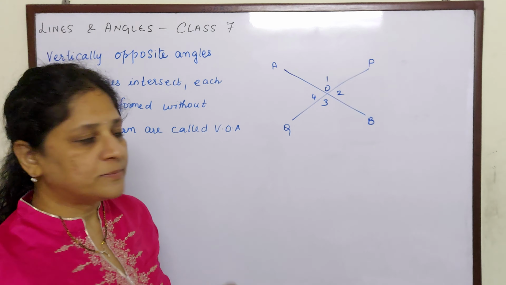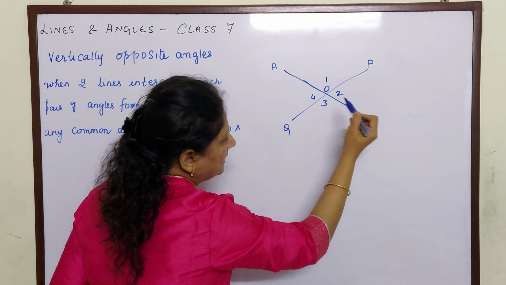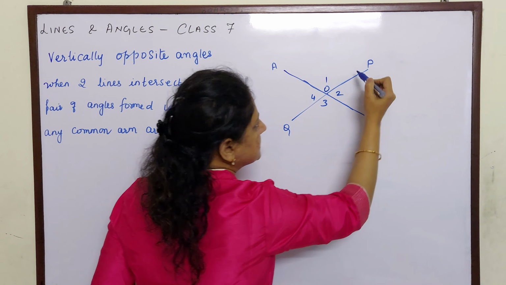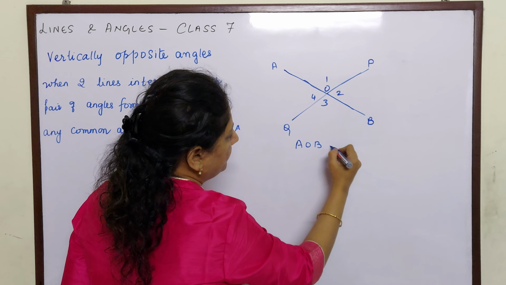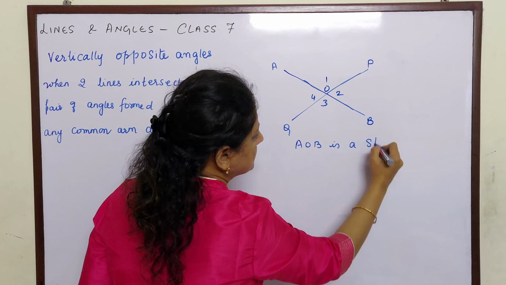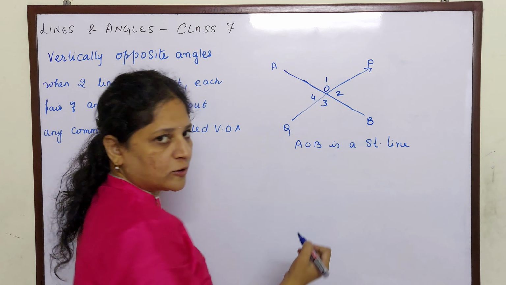Now what is a linear pair, children? We learnt that if there is a straight line and there is a ray standing on it, like AOB is a straight line and OP is the ray standing on it.